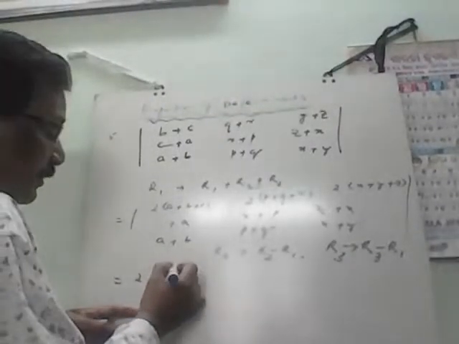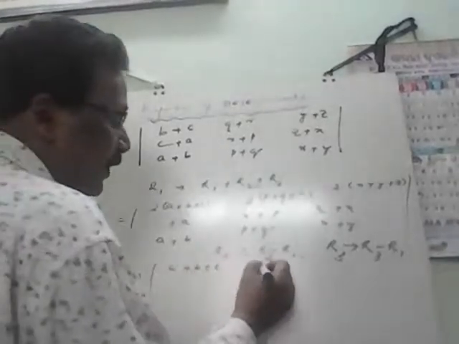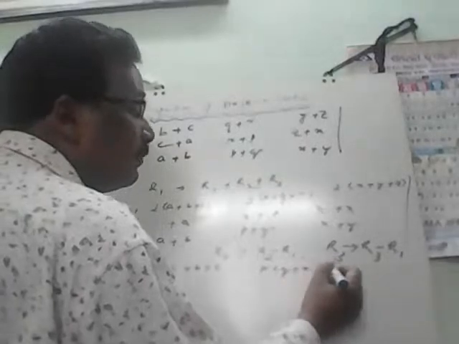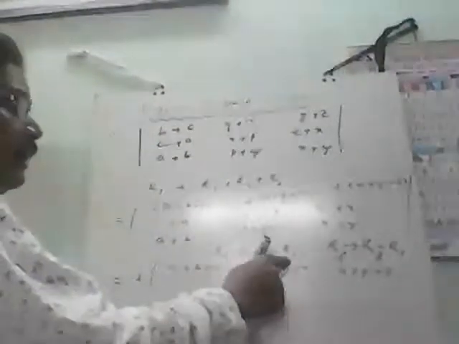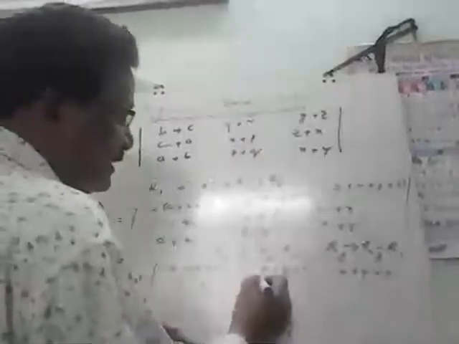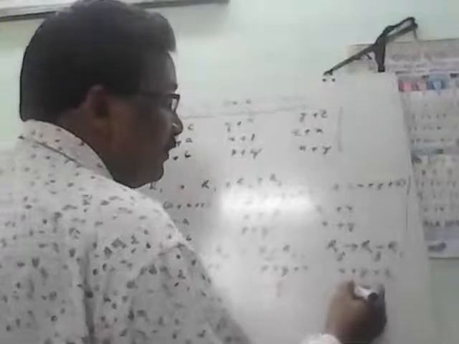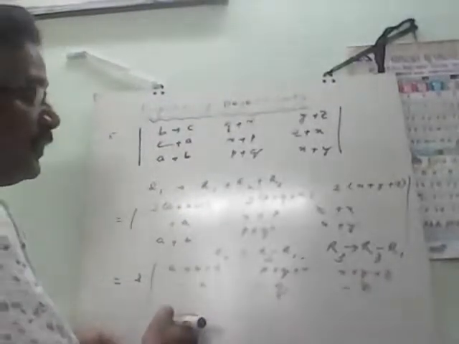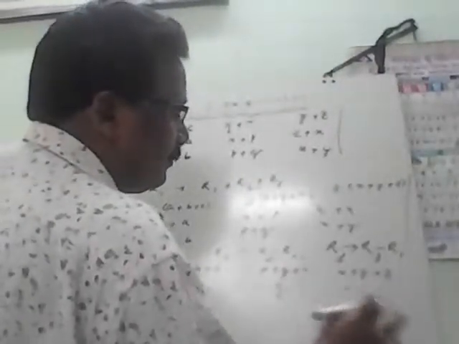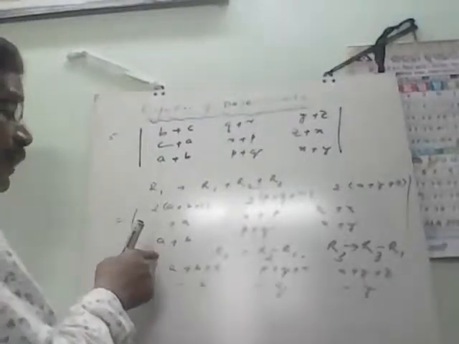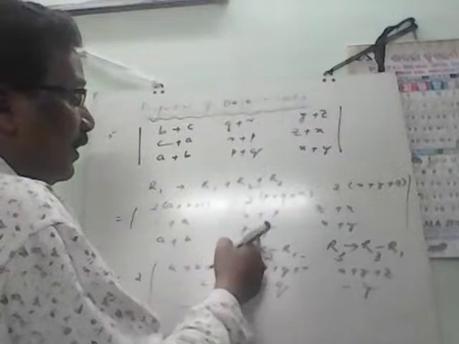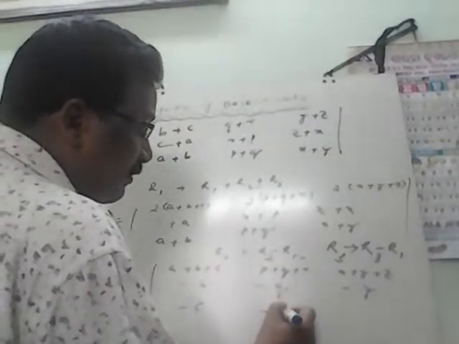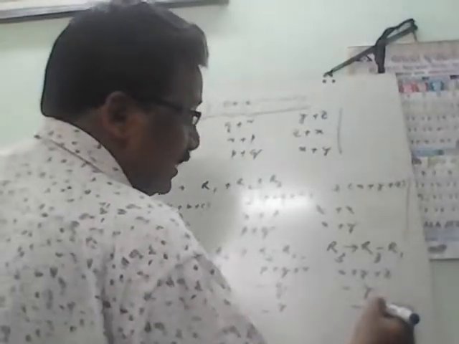Then row 1: A plus B plus C, P plus Q plus R, X plus Y plus Z. If we use row 2 minus row 1, C plus A minus A plus B plus C, your result is minus B. Here is minus Q, here is minus Y. Then come to row 3, A plus B minus A plus B plus C, A plus B cancel, minus C. Similarly, here P plus Q cancels, remaining is minus R, here is minus Z.